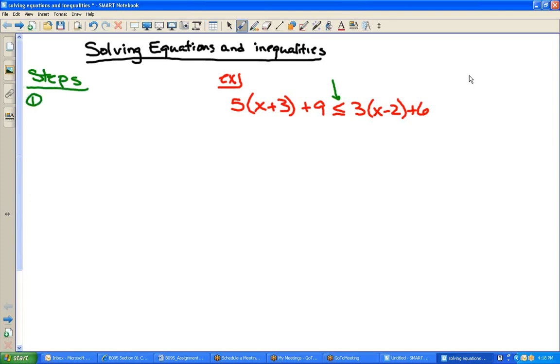And my first step is to simplify each side, one side at a time, as much as possible.